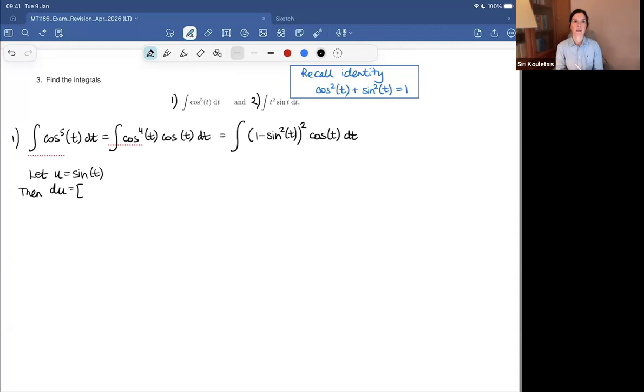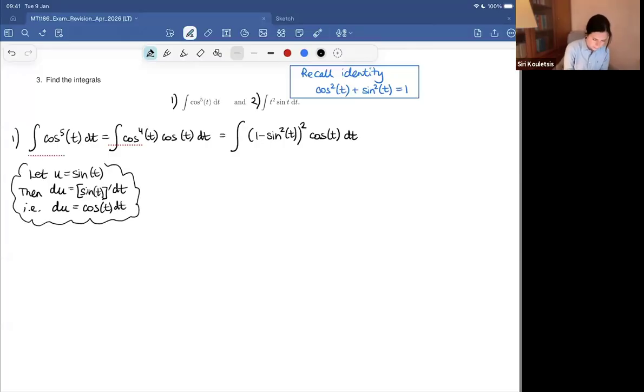Let u equal sine t, then du is sine t prime dt by definition, and so du is cos t dt. Take a little head start on that part: translate everything into the new variable u and integrate.